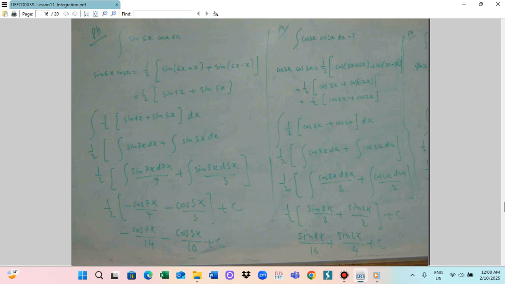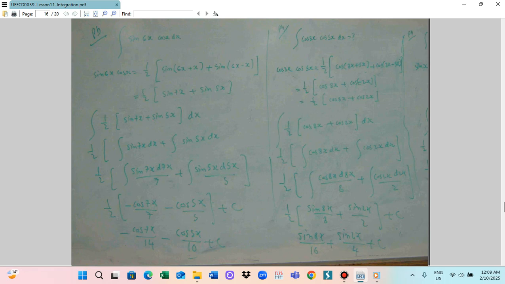Now you substitute: the integration of half into sin 7A plus sin 5A dA. The half comes out: integration of sin 7A dA plus integration of sin 5A dA. So this is half, the integration of sin 7A d(7A) by 7 plus the integration of sin 5A d(5A) by 5.